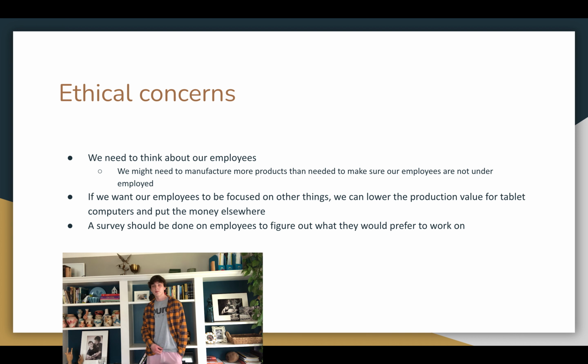We need to think about these people's employment because these are real people, they need jobs. One option for us is manufacturing more products so that we are not being too conservative with the amount of products we're manufacturing, so that these people can have work to do and have a job so they can provide for their families.